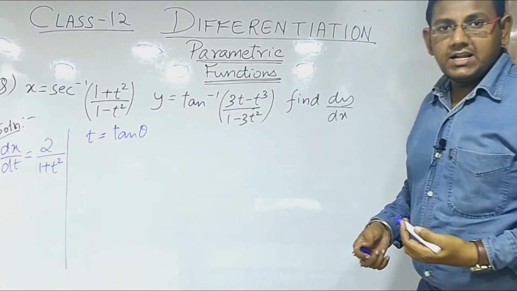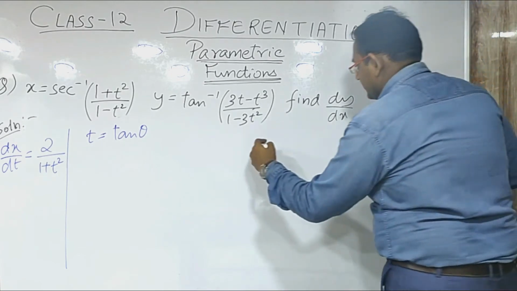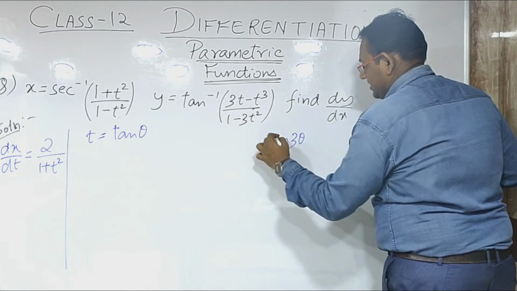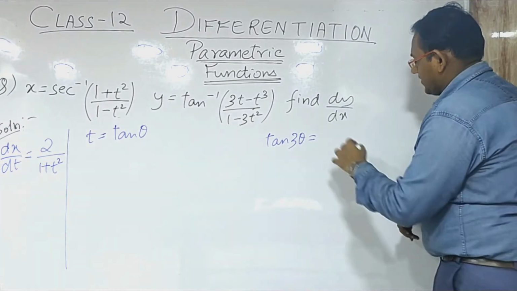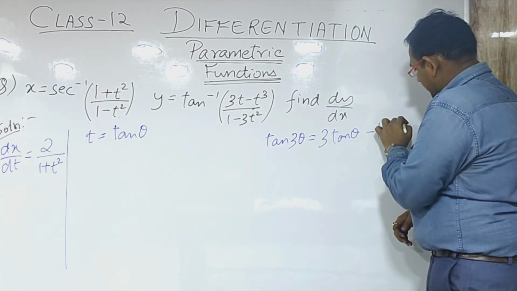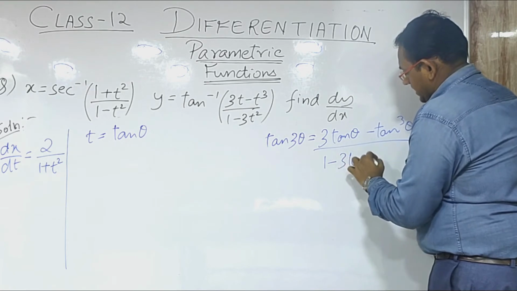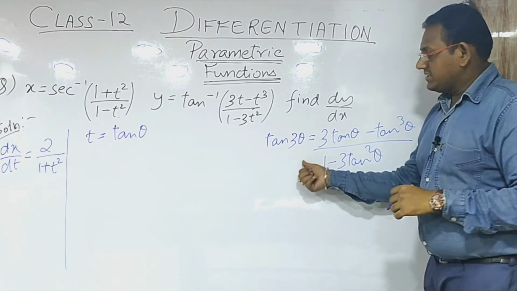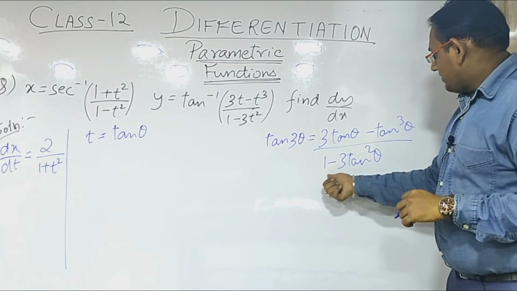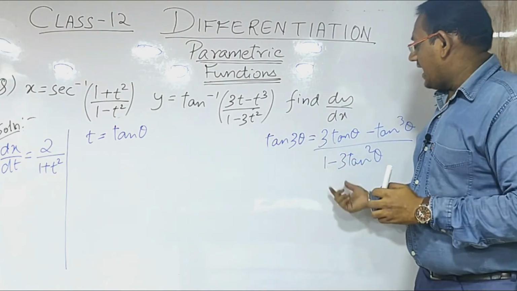Now another question arises: why are we substituting tan theta? Let me discuss this part first. We already know the formula of tan 3 theta, which is (3 tan theta minus tan cube theta) by (1 minus 3 tan square theta). If you see over here, 3t and 3 tan theta, t cube and tan cube theta, 1 minus 3t square and 1 minus 3 tan square theta, this part and this part are identical.